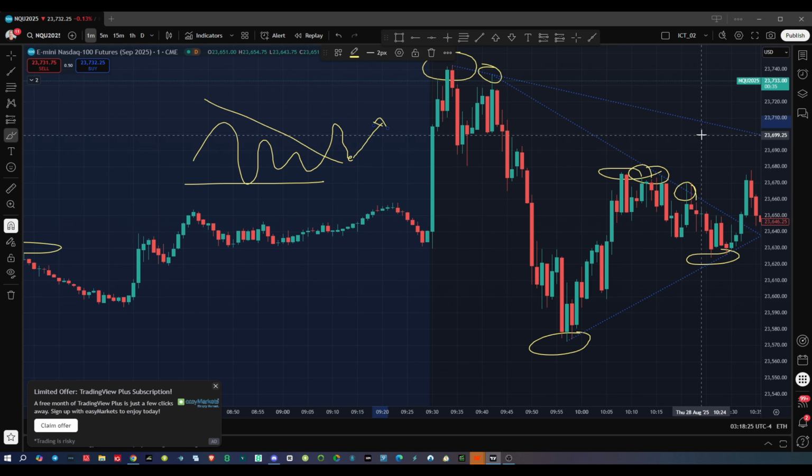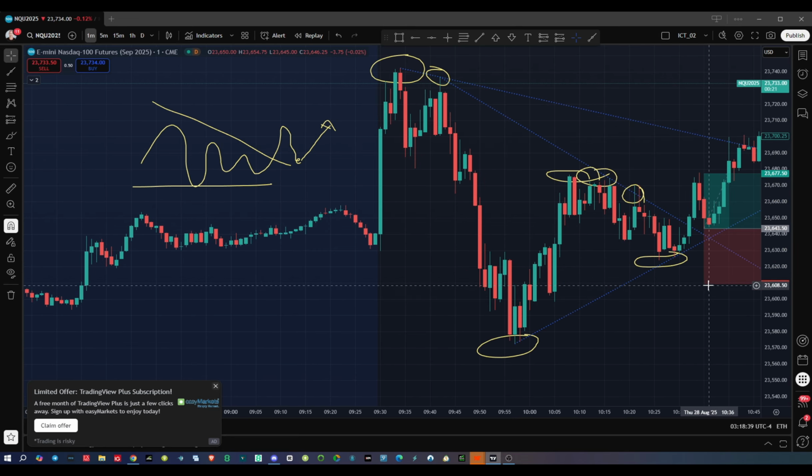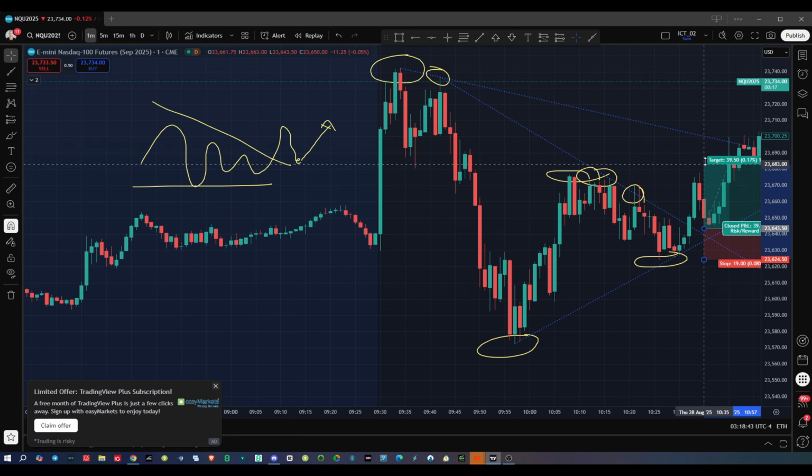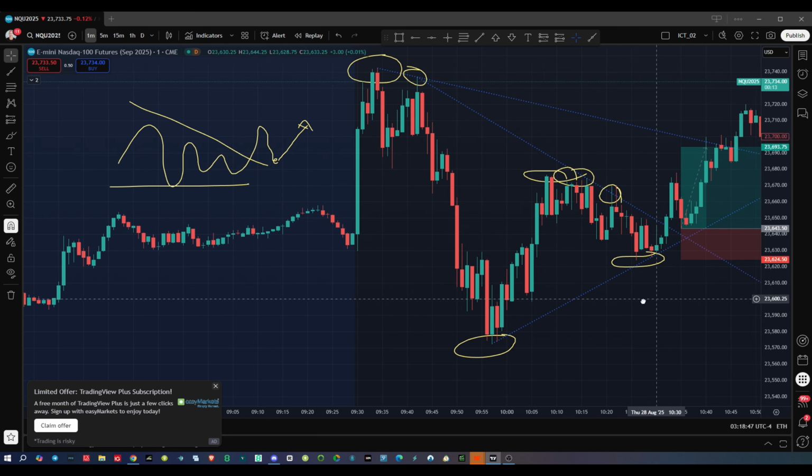So that's definitely something you can look at. Taking that long would definitely work. Just put your stop loss here just below that low, and then target higher levels. That's definitely something to look at.